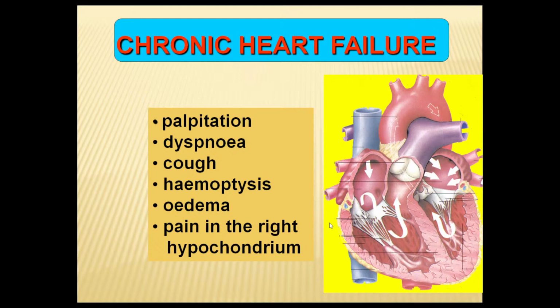To easily understand and characterize any stage, you must clearly understand the symptoms which indicate congestion of blood in the lesser circulation due to left ventricular failure, because blood cannot come back into the affected left ventricle, or congestion of blood in the greater circulation due to right ventricular failure, because blood cannot adequately come back into the right ventricle.